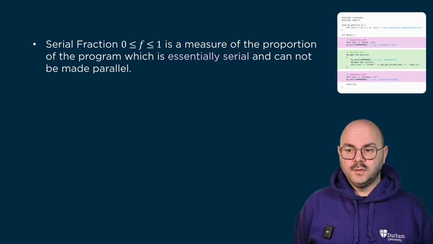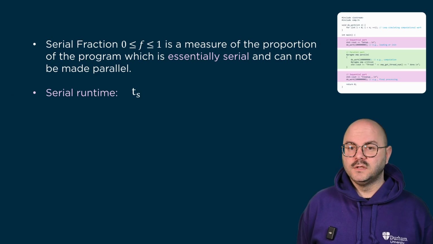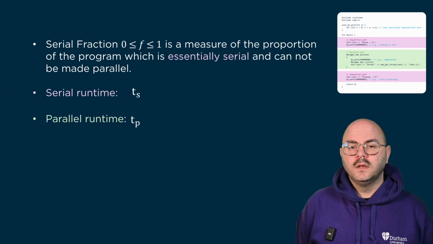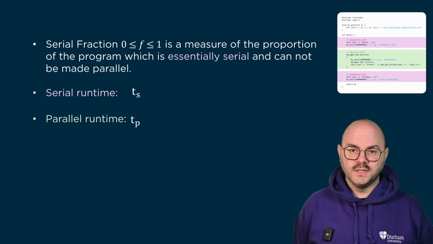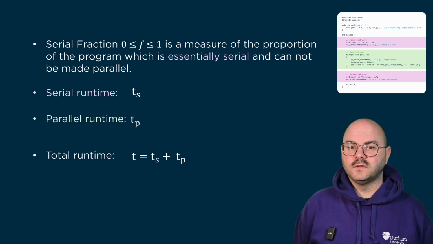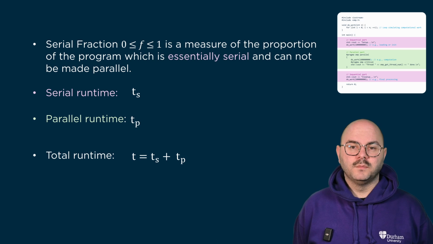Concisely, let the serial runtime be denoted by T sub s, and the parallel runtime be denoted by T sub p. The total runtime of the program with these distinct sequential and parallelizable regions is given by the sum of the sequential and parallelizable runtimes, or T is equal to Ts plus Tp.